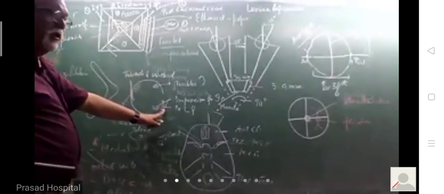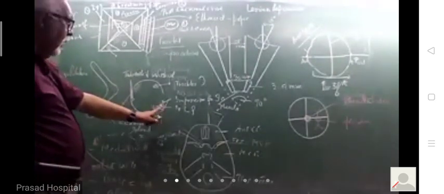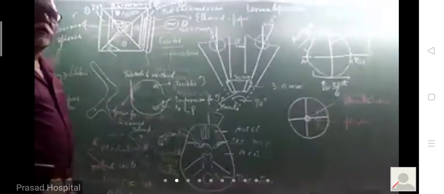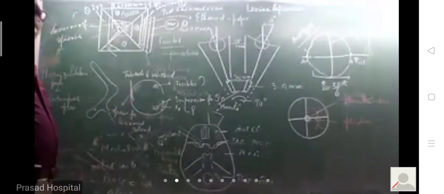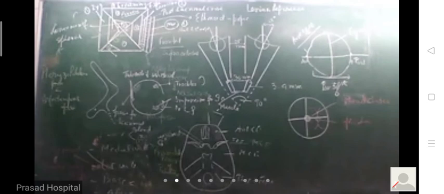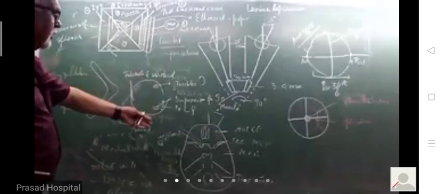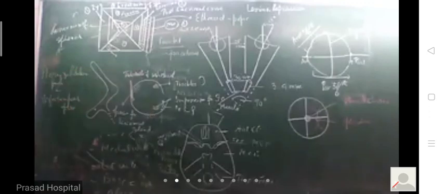Then you have the nasolacrimal groove, and you have a tubercle called the tubercle of Whitnall in the lateral wall. These are the bony features present in the orbit.